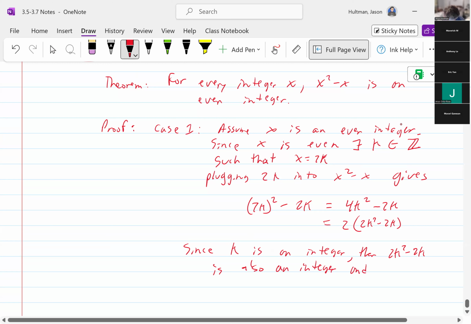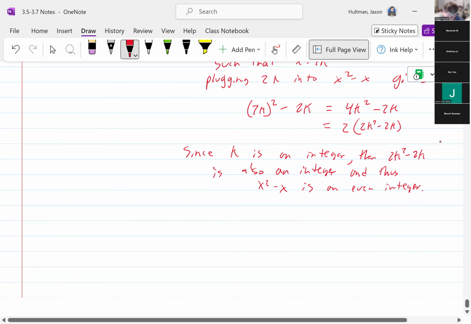And thus x squared minus x is an even integer. Okay, so that's case 1 proven. X is even.